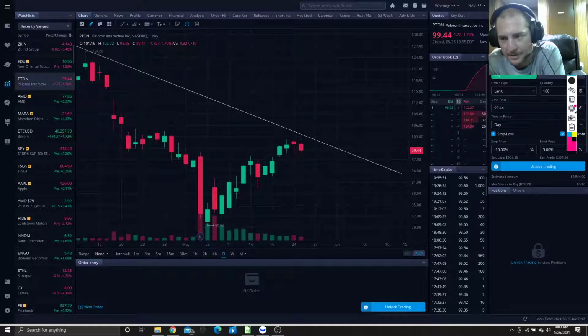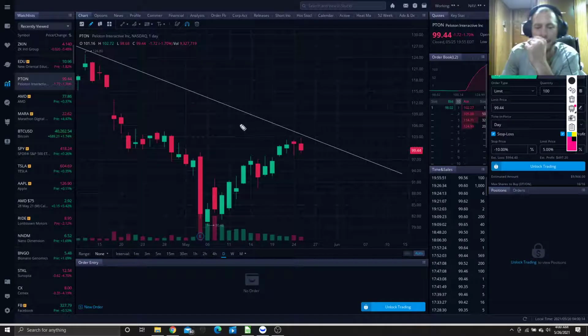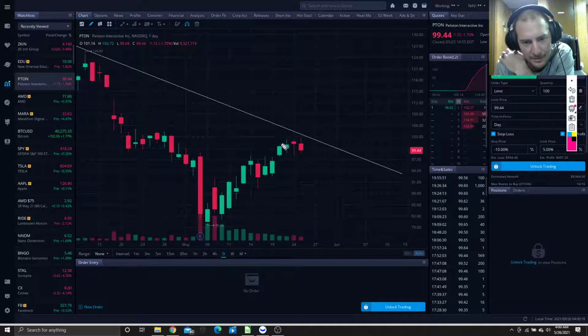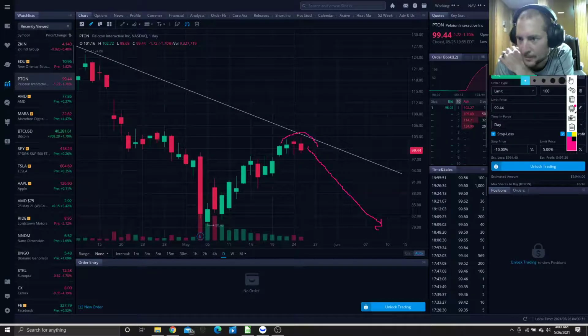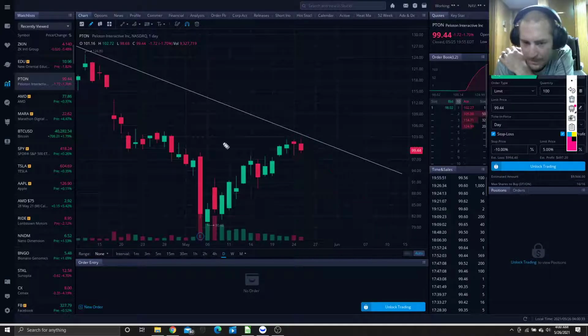I'm not saying that this is a trade that I'm taking. It is not a trade I'm personally taking. But look what's happening. You're getting some bearish movement back off of this trend line. So if I were a betting man, I would assume price is probably going to continue this downtrend from here. So let's go look at some different stocks and draw some more.